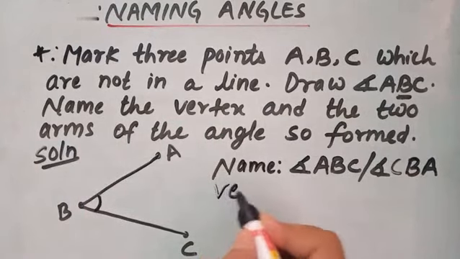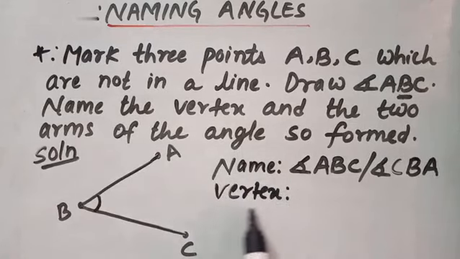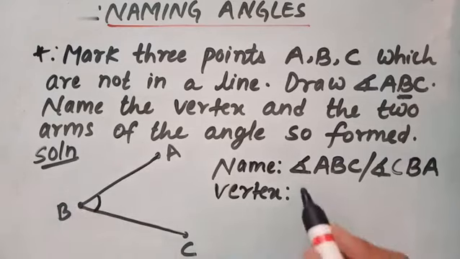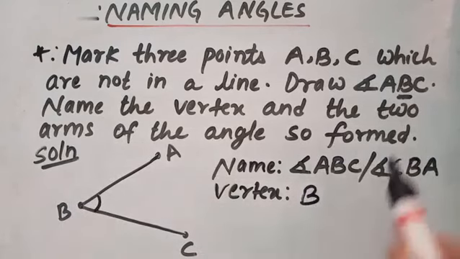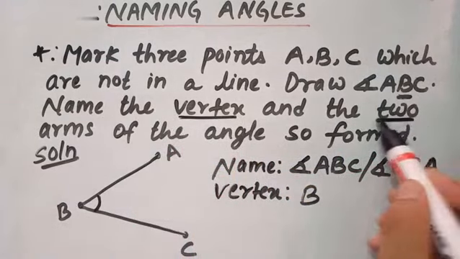So let's write vertex. So students, as we all know, vertex is the meeting point of the two arms. Here we can see AB and CB are the two arms which have met at point B. So B is your vertex. Vertex is your B. Now let's write two arms.